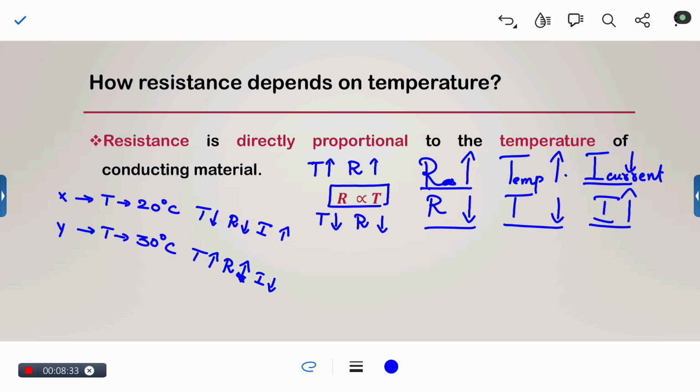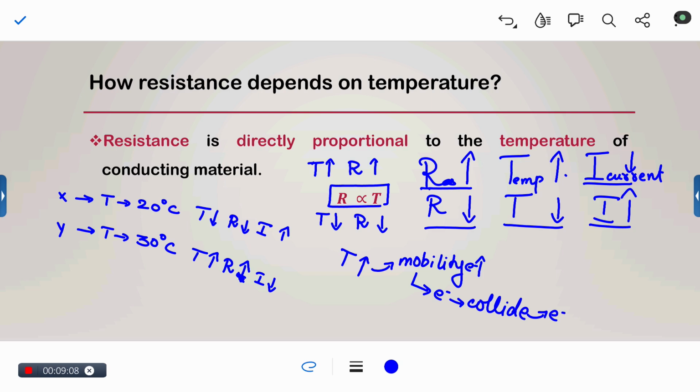Why is it happening like this? Whenever we are increasing the temperature of the conducting material, the mobility of electrons will get increased. That means the movement speed of the electrons will get increased. And due to the increase in speed, one electron will go and collide with another electron. That means collision of electrons will take place.